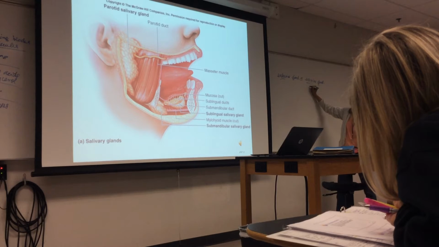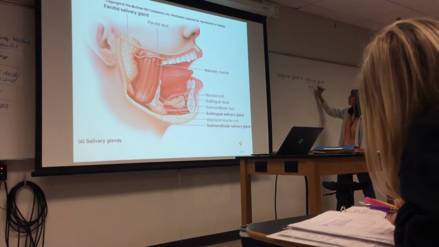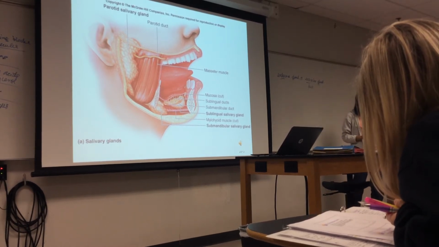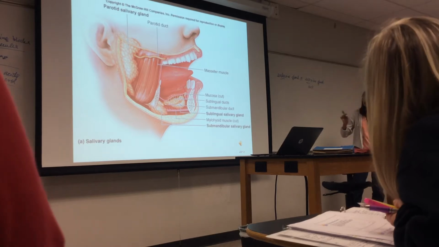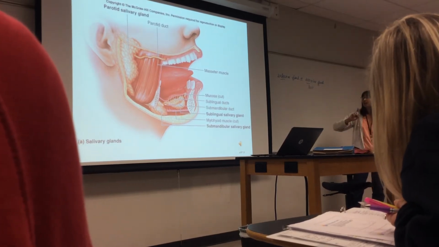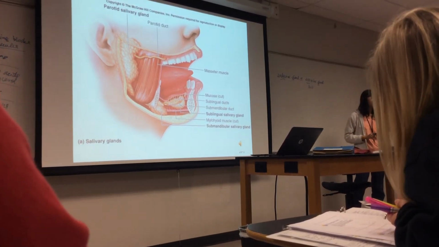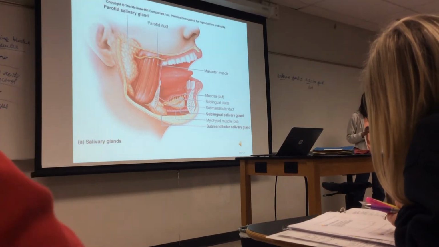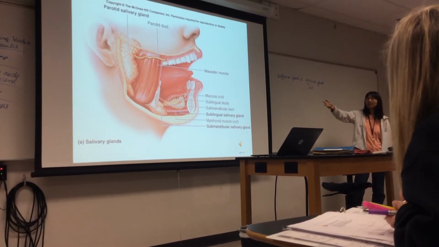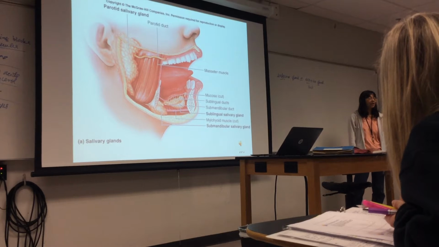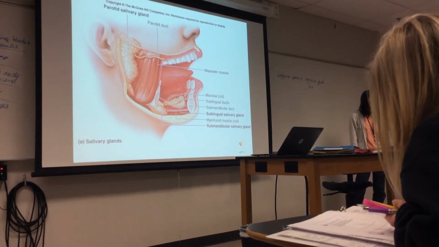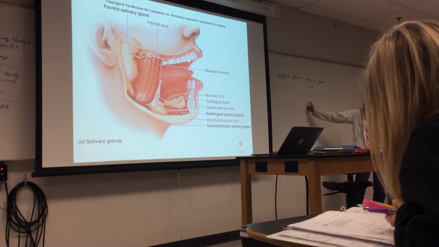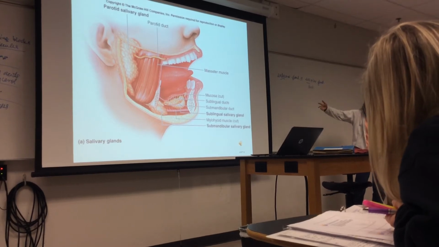Exocrine gland, you have a duct, and it's going to empty the content out the duct. So you're looking at salivary glands here, yes? Are they endocrine glands or exocrine glands? Exocrine, because there are a lot of ducts, right?